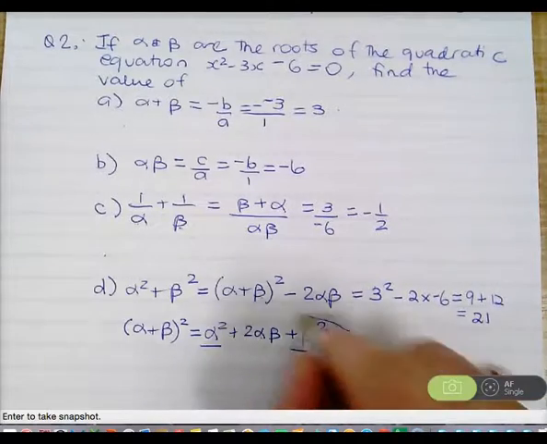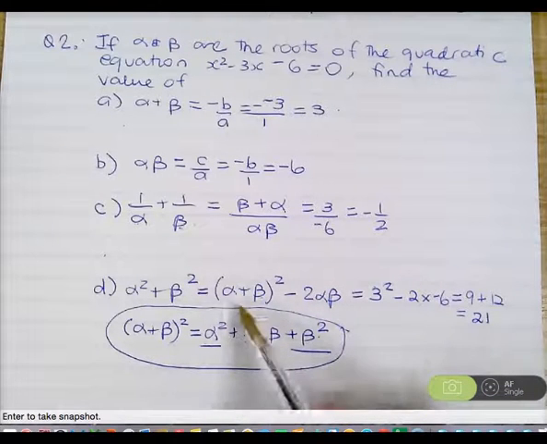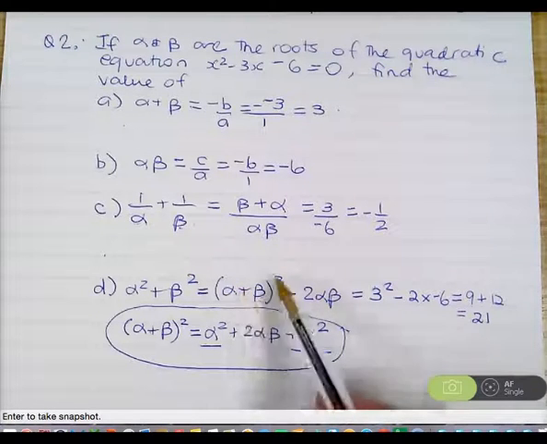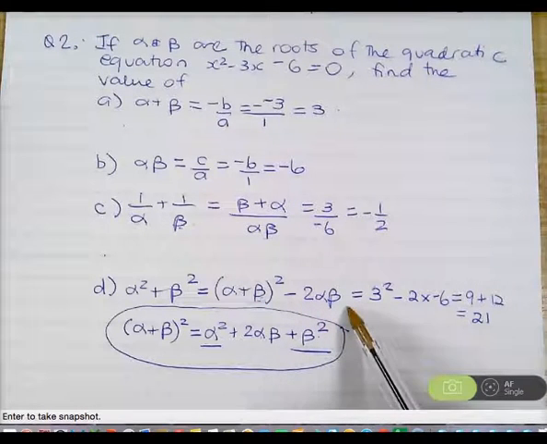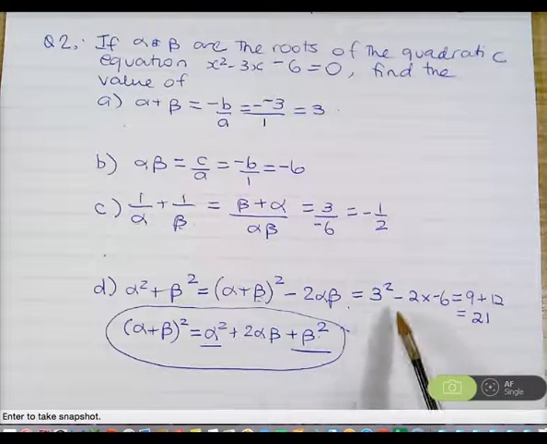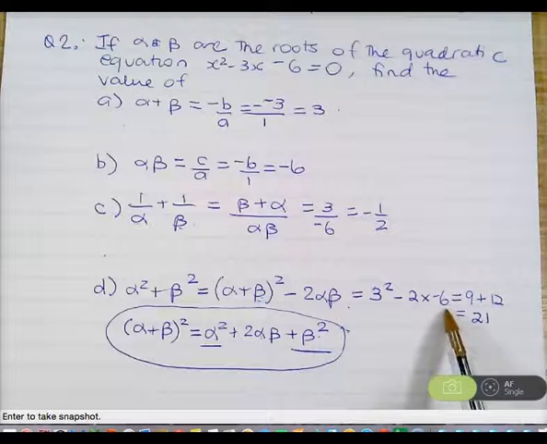If you see alpha squared plus beta squared, it comes from the expansion of the perfect square. The expansion gives you alpha squared plus beta squared plus 2 alpha beta. I don't want the 2 alpha beta, so I take away the 2 alpha beta straight away. Okay? All right, and then you substitute in your alpha plus beta here, and you substitute your alpha beta there.